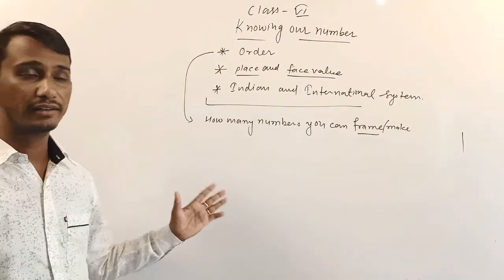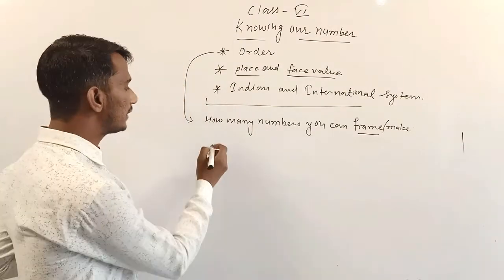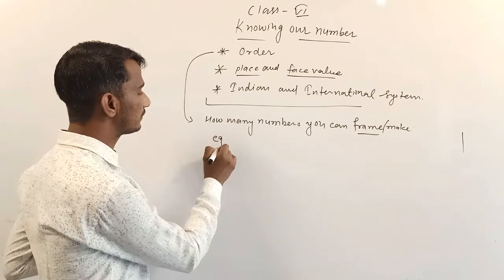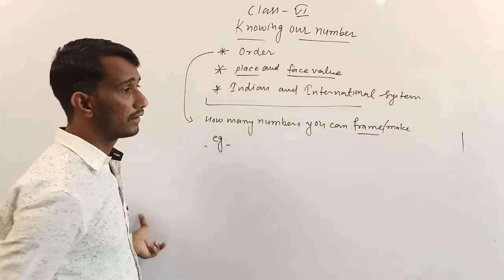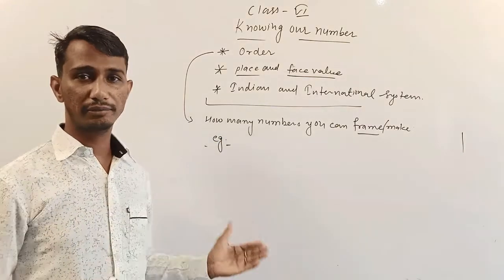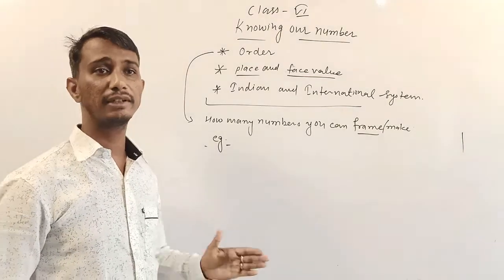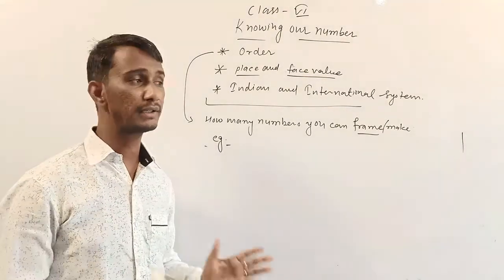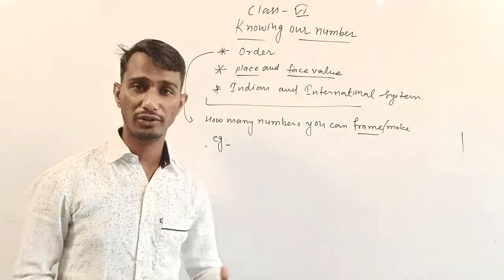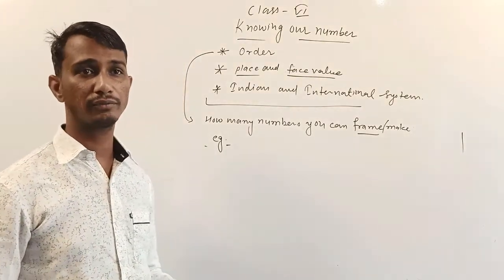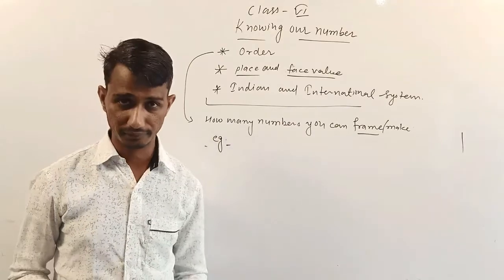Suppose, for example, dear students, using the separate digits, make a 4-digit number, 5-digit number, 6-digit number, but repetition is not allowed. Repetition is not allowed, and what happens if repetition is allowed?